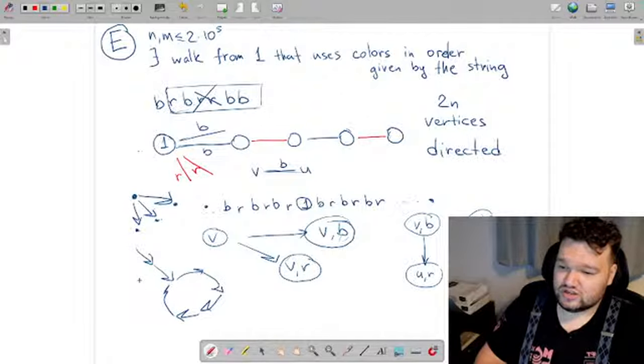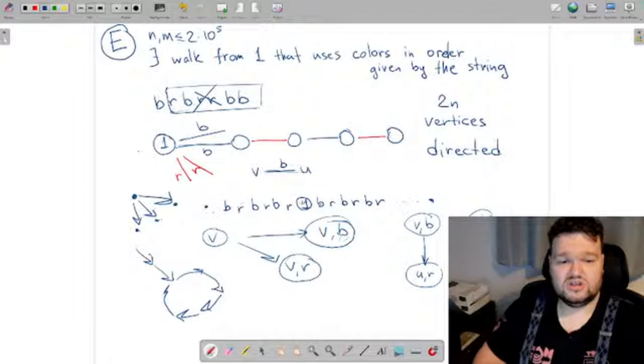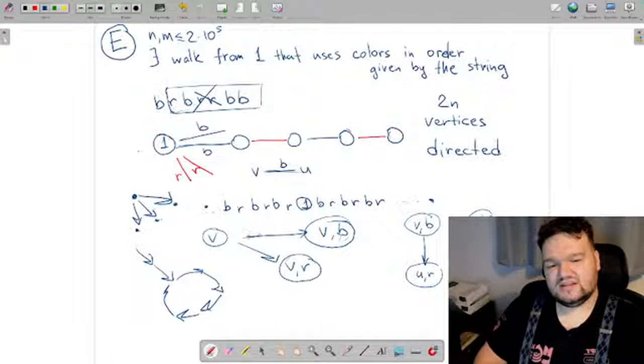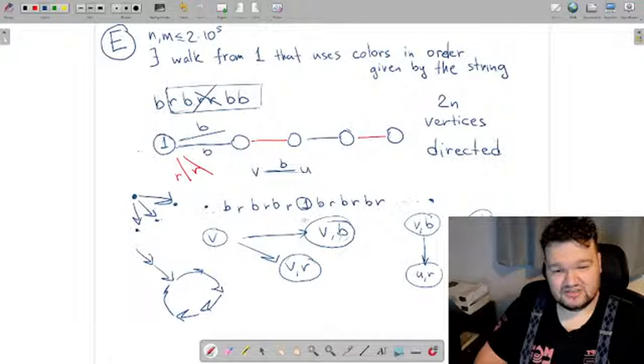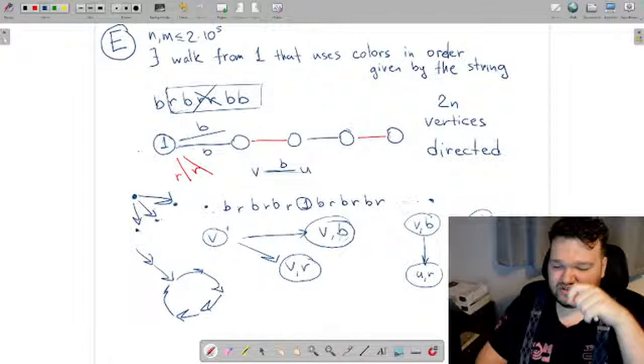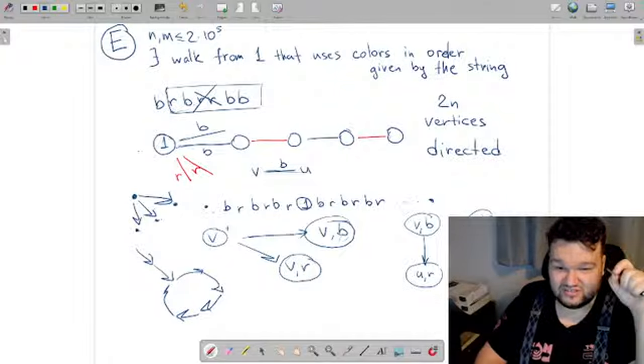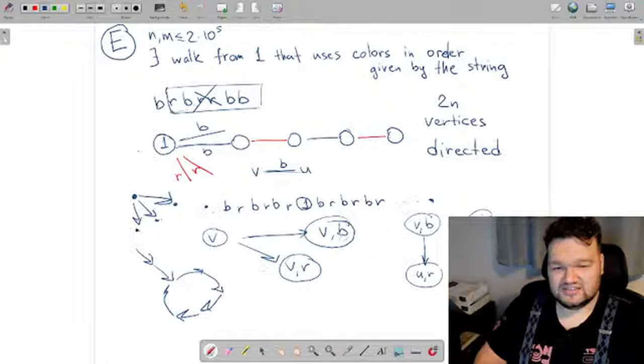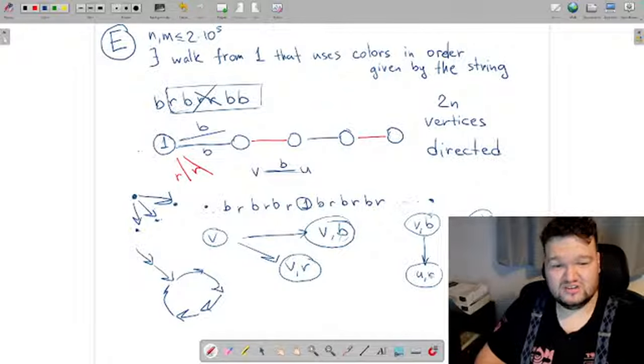There was a question: can you do a fast recap of the graph construction? So the idea is that our state is the vertex where I am and what color I want to use next. Since the colors alternate, if I'm staying in V and want to use a blue edge next, then for a blue edge VU in the graph, I can go to the state where I'm in vertex U and I want to use a red edge next.